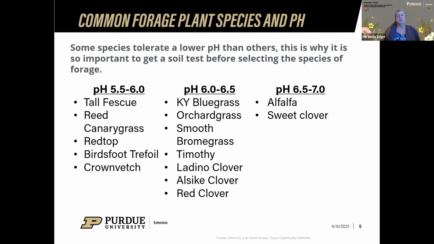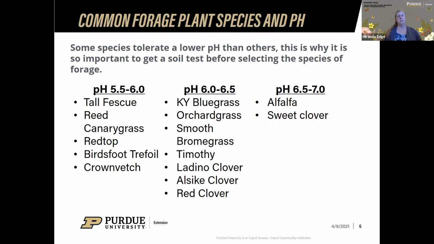Is the pH too high for it? Or is the pH too low for that sweet clover or the alfalfa that you planted last year? Is it not growing because the pH level isn't right for those nutrients to be available to those plants? So number one, real important, is that pH level.